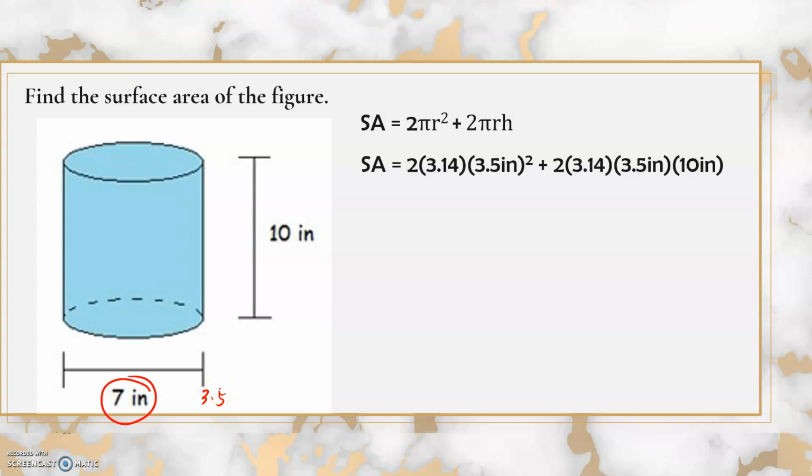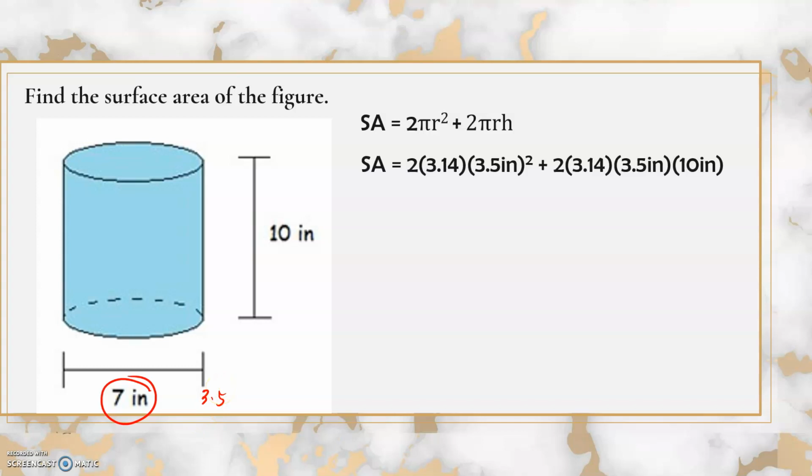Let's try another. This time we have 7 inches as the diameter. But for our formula, we'll need the measure of the radius. So to find the radius, we simply have to divide the diameter by 2. So instead of substituting 7, we'll use 3.5 for its radius.